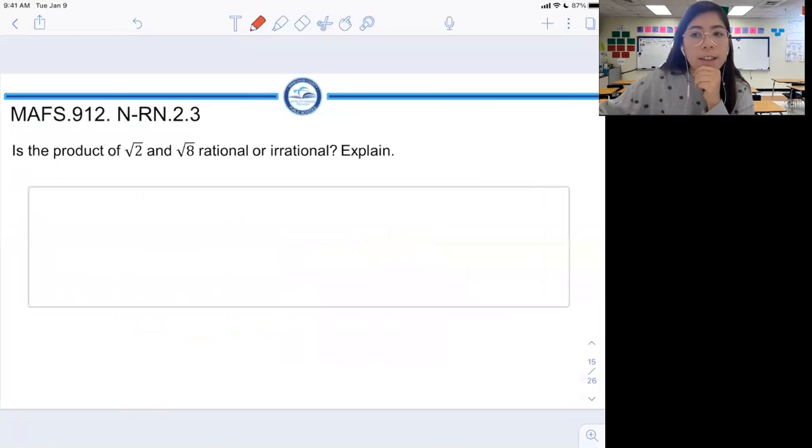Okay, I think we've got one more. Read and think to yourself first for 30 seconds. Don't yell anything out. Is the product of the square root of 2 and the square root of 8 rational or irrational?